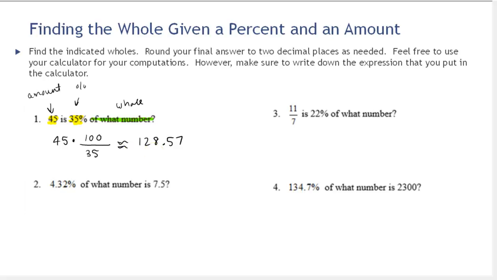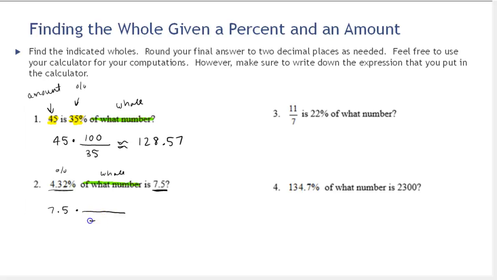Okay, let's look at the next one. 4.32%, so we're given the percent, and it says of what number, so that means we are trying to find the whole, and then 7.5 is going to be our amount. So we take our amount, we're going to multiply by a fraction. Now we're going to have a decimal in our fraction. That's okay because we're going to put it in the calculator.